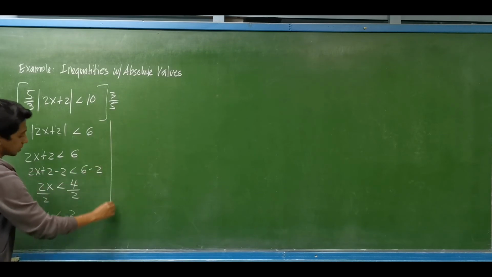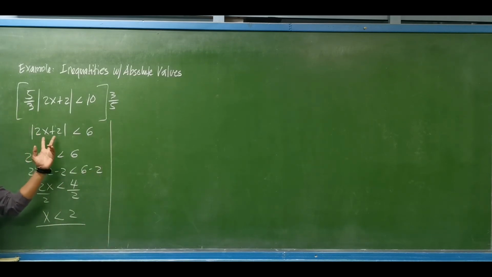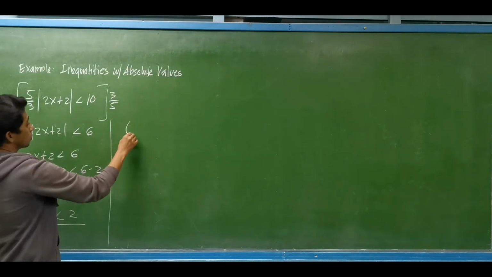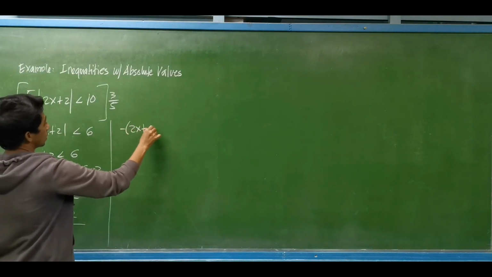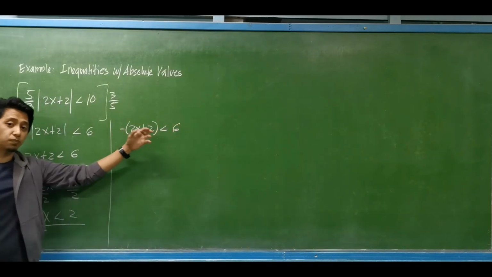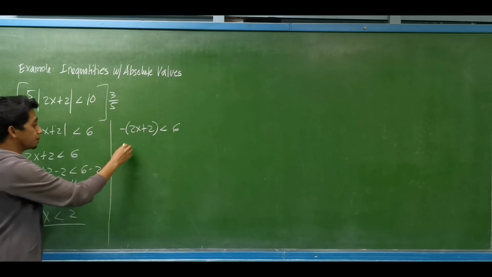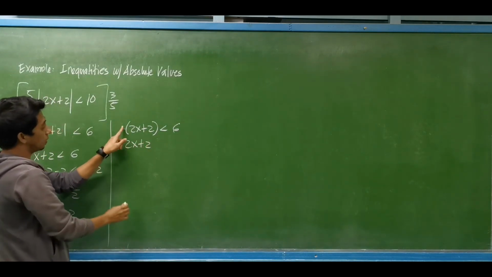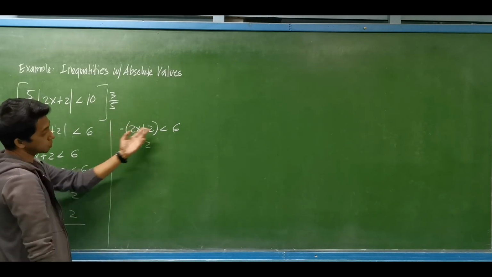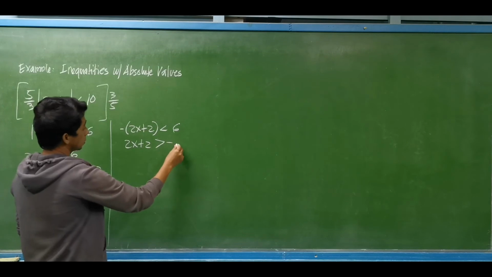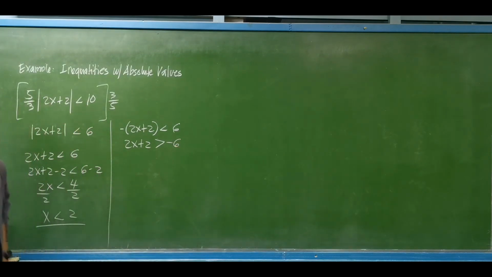So the other case is that what if this value is actually negative? That makes it less than 6. So this is negative 2x plus 2 is less than 6. So dividing both sides of the inequality by negative 1, this is now 2x plus 2 is now, since we are to divide both sides by negative 1, we are to change the sense of inequality, greater than negative 6.